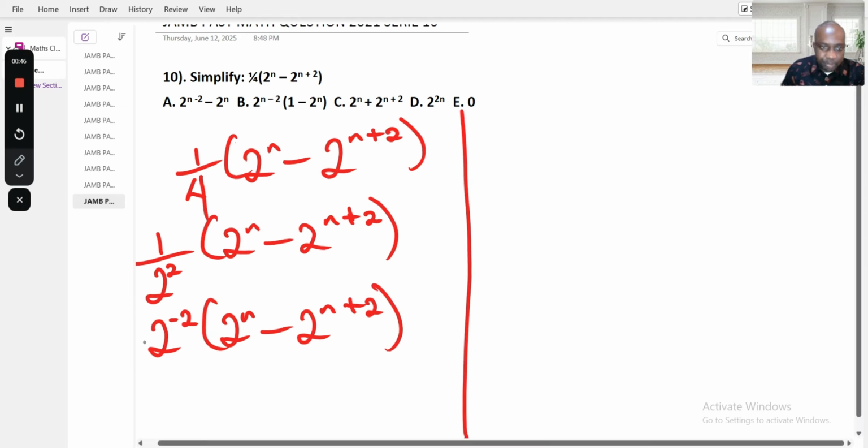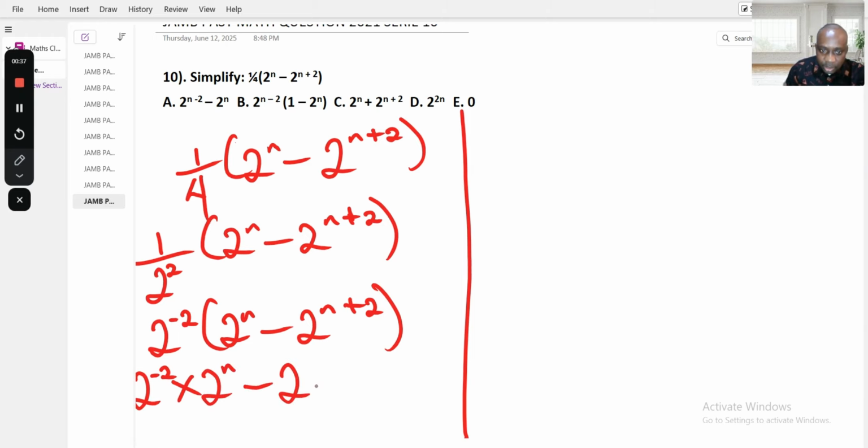Let me divide the page. This 2 raised to the power minus 2, I multiply by 2 to the power 2n minus 2. And again, 2 raised to the power minus 2, I multiply with this 2 to the power n plus 2.